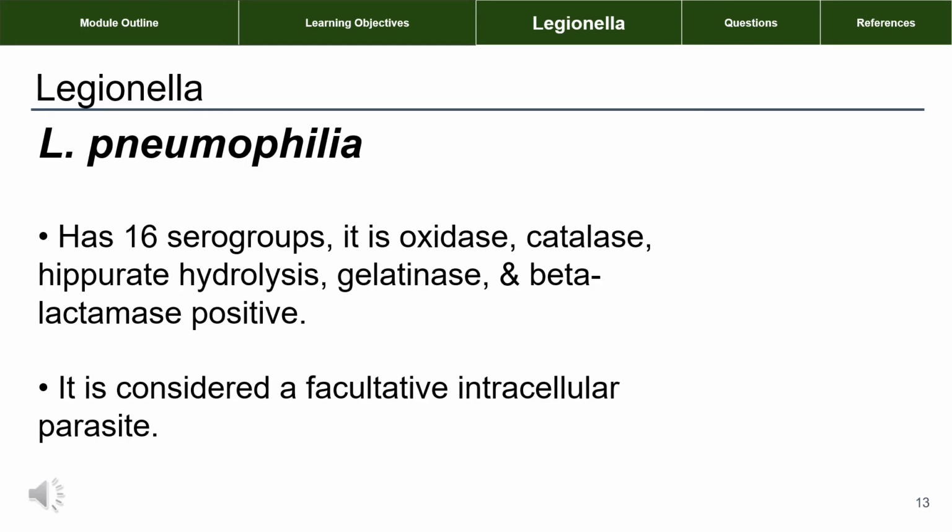First, we have Legionella pneumophila. It has 16 serogroups. It is oxidase, catalase, hippurate hydrolysis, gelatinase, and lastly, beta-lactamase positive. So it is considered a facultative intracellular parasite.